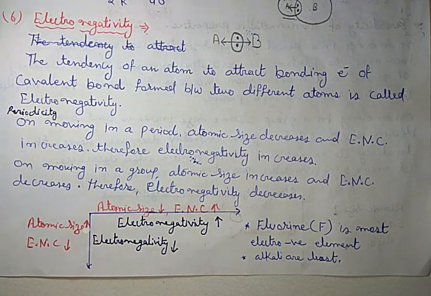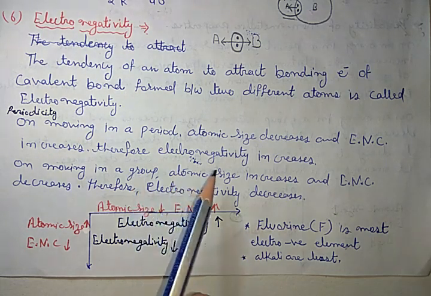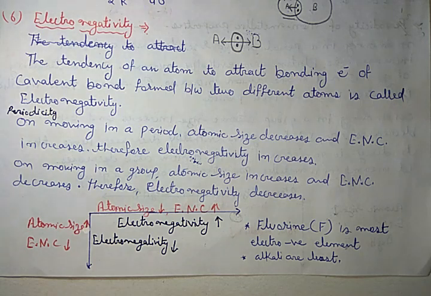Their octet is filled, so they do not have any tendency to make a chemical bond. If they do not generally make a chemical bond, then electronegativity, which is the power of attracting the bonding electrons, will also be zero. Got it? So the noble gases have zero electronegativity.